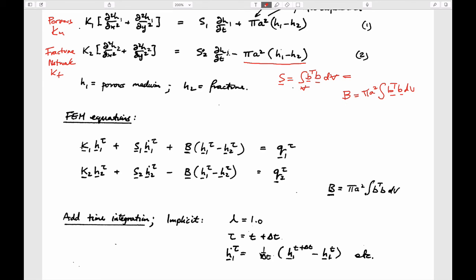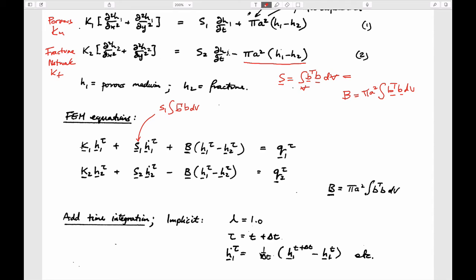This isn't the matrix. So, okay, perhaps it's worthwhile making that observation. This S1 and this S1 are not the same, right? This is the matrix relationship, so this S1 here would be the integral of B transpose B dV multiplied by S1. Just in case there's any doubt.